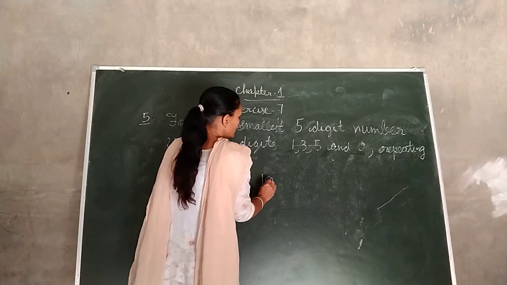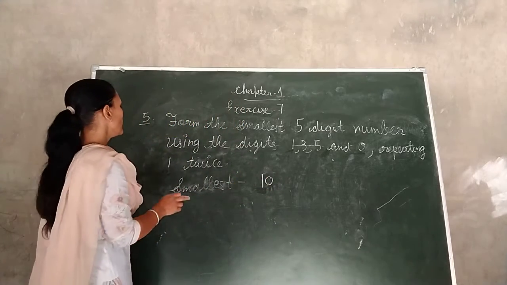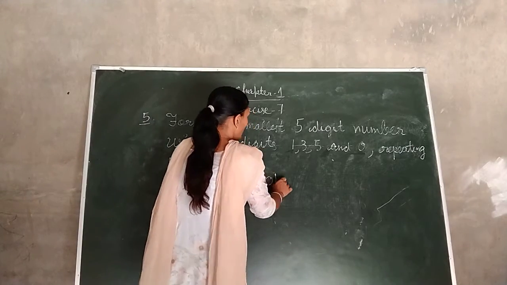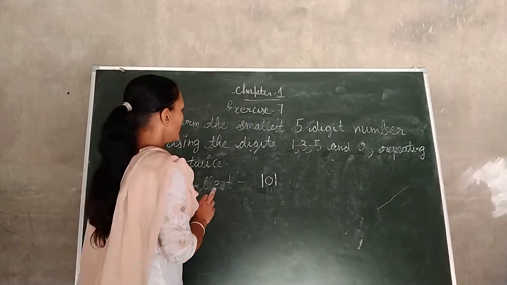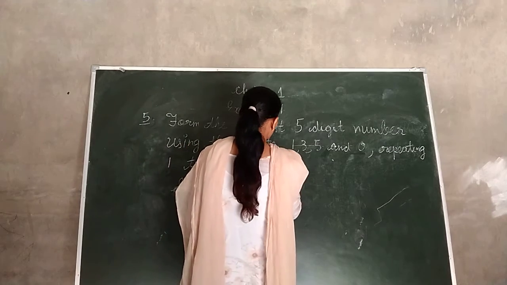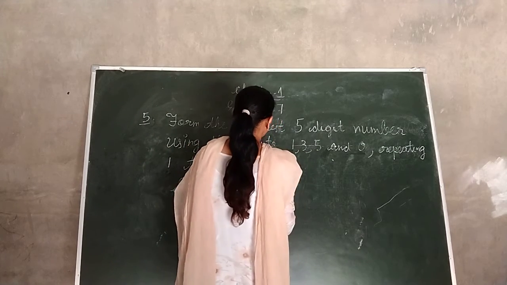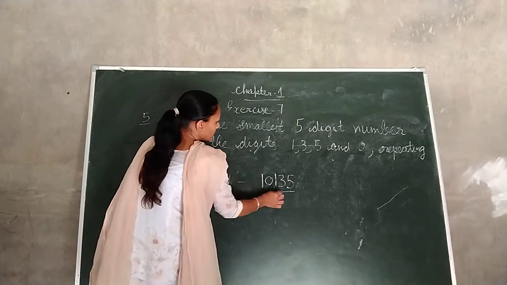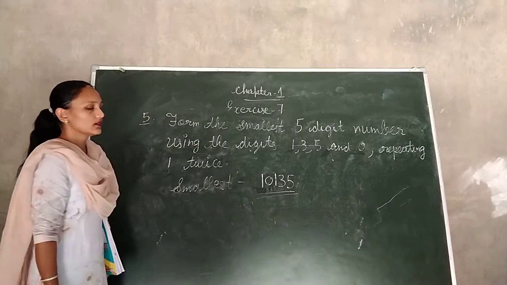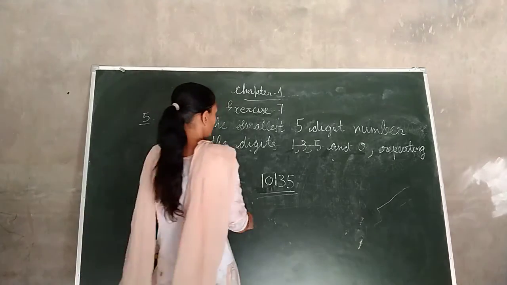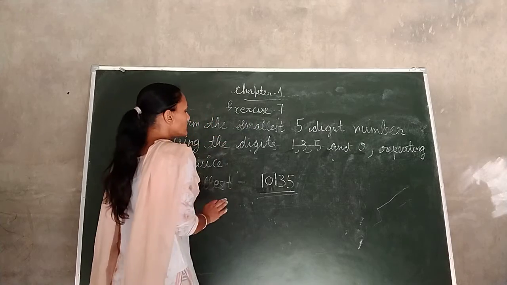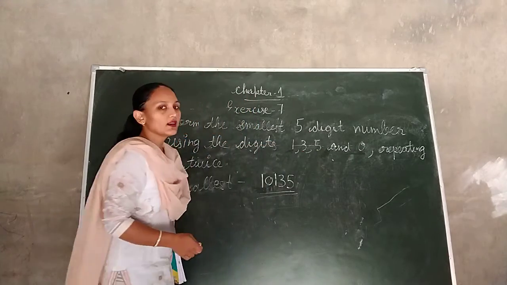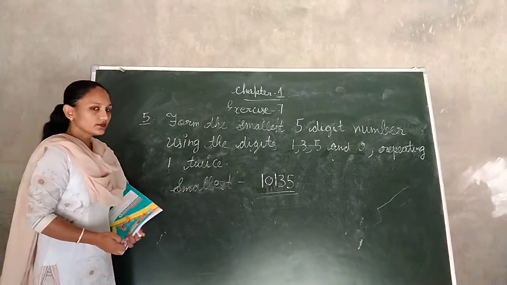But in the question, what is given? We have to use 1 twice. So we will write 1 here also. Next, which is the smallest digit? 3, and after that we have 5. This is the smallest 5-digit number by using these 4 digits and repeating 1 twice.